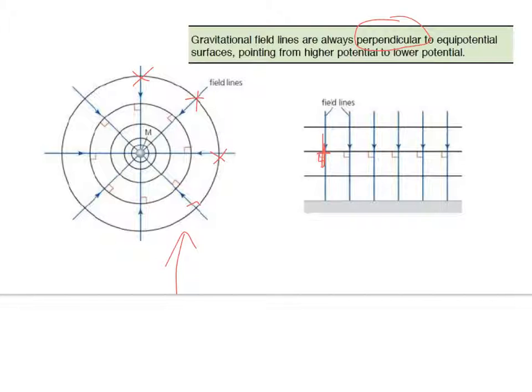The second one is they always point from high potential to low potential. So in this case, the field lines are going towards the floor, which is at a lower potential. Now that's when that minus sign can get really confusing, but remember, potential is a scalar.